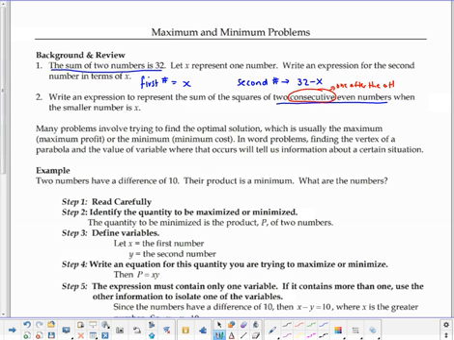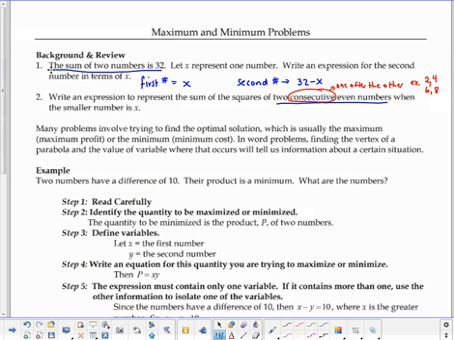So for example, give me an example of two consecutive even numbers. 2, 4. Give me another two. 6, 8. Yeah, and so forth, right? Those are two consecutive even numbers. What do you notice about the difference between the two of them? There's always a difference of 2.